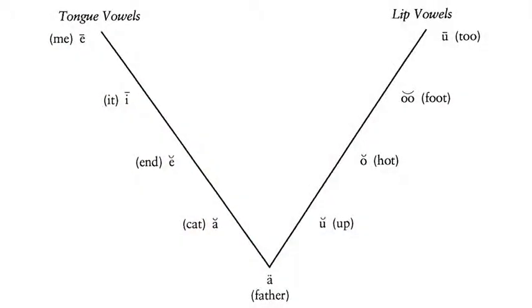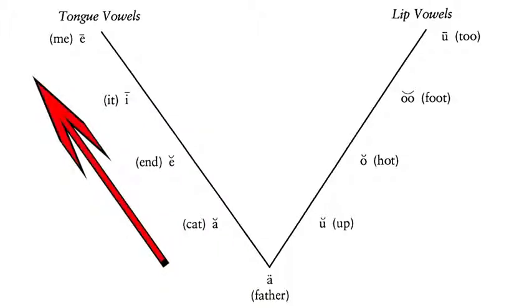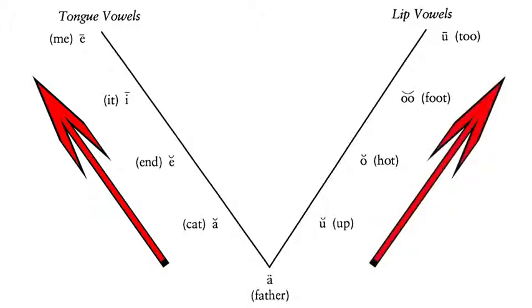Note that the Y is the extreme end of the tongue vowels, going from the ah sound, I, and is therefore a semivowel. And note going up the lip vowel side, ow.